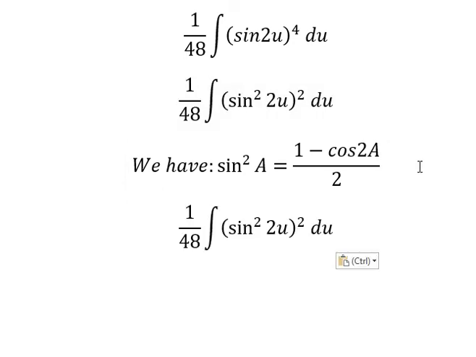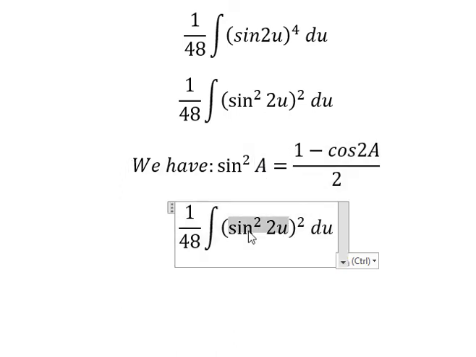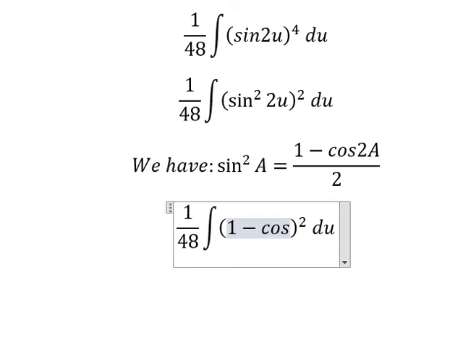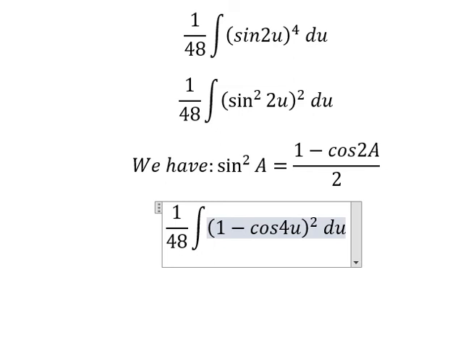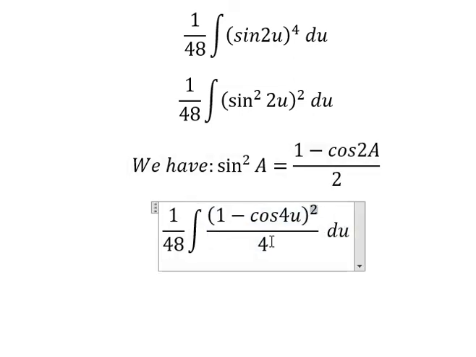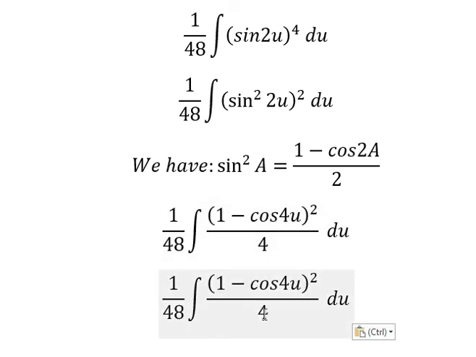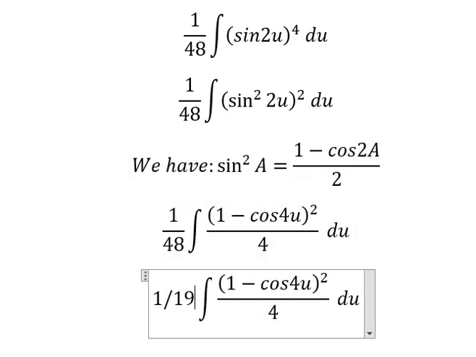Now 2u represents capital A. So if we transform this one, we will have 1 minus cosine 4u, and we have the number 4 in here, because 2 with the power 2 gives 4. So 48 with 4 in here, we have 1 over 192.